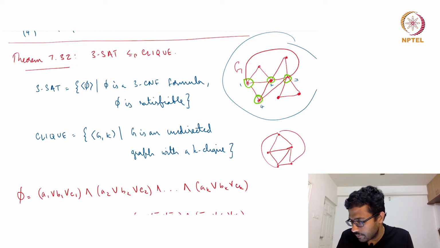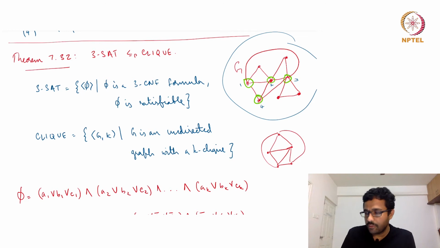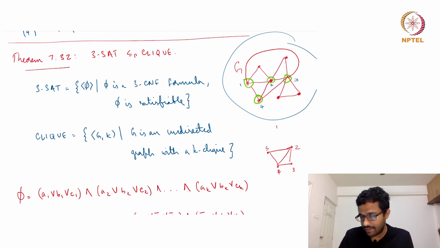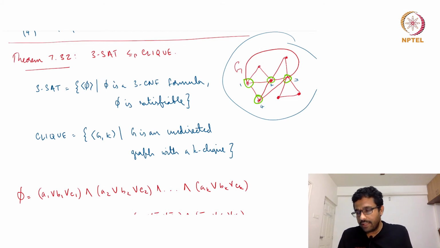You will not be able to connect everything to everything else. That's the point. So vertex 1 is connected to everything else, vertex 2 is connected to everything else, vertex 4 is connected to everything else, but the edge between 3 and 5 is missing. Anyway, this is an aside, so I'll just erase it. It's something you can try out for fun. So anyway, this is a no instance if you give K equal to 5 and this graph.